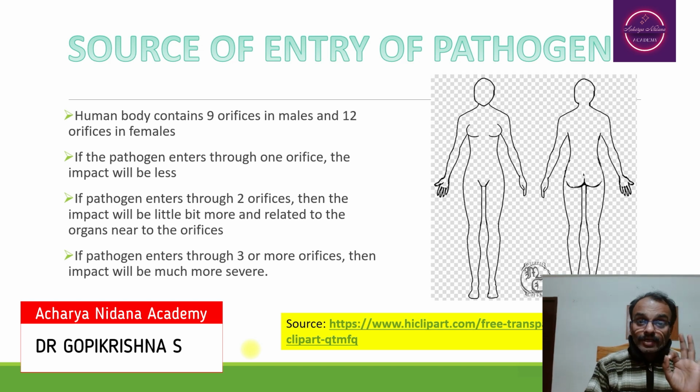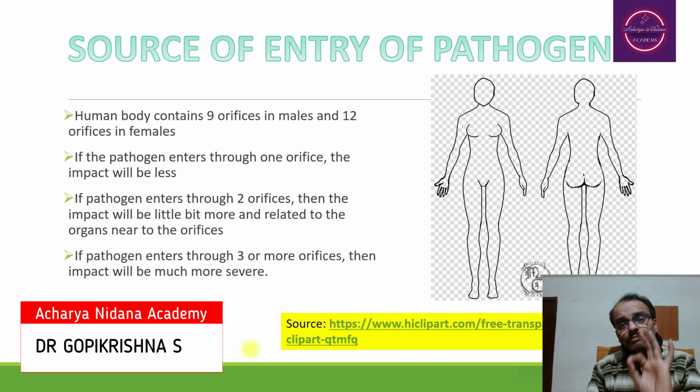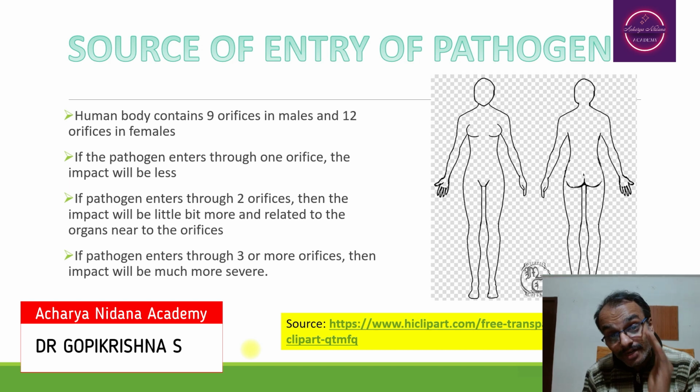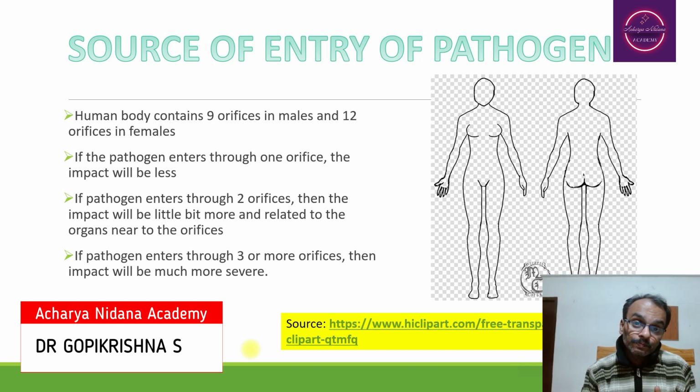This is the significance. Why this is important is that it helps in determining Nija Vikara and Agantuja Vikara. Nija Vikara means dosha vitiation occurs first, thereby there will be symptom manifestation. Whereas in Agantuja Vikara, first and foremost there will be symptom manifestation, then after a matter of 7 days, there will be a possibility of dosha vitiation.